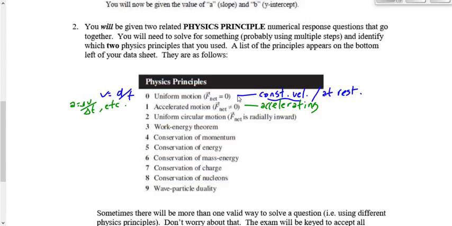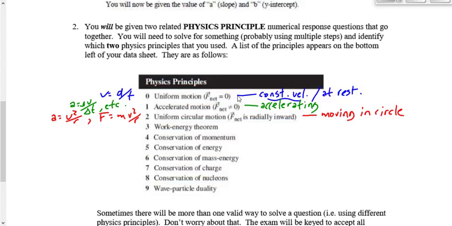Uniform circular motion, when the object is moving in a circle. Here, the equations that would probably go along with that would be a = v²/r, the centripetal acceleration, or F = mv²/r, the centripetal force.